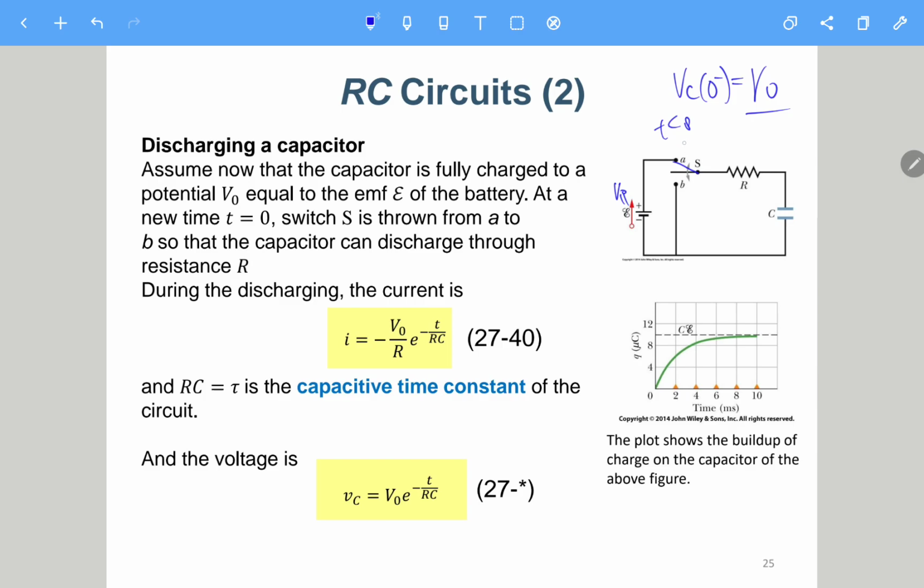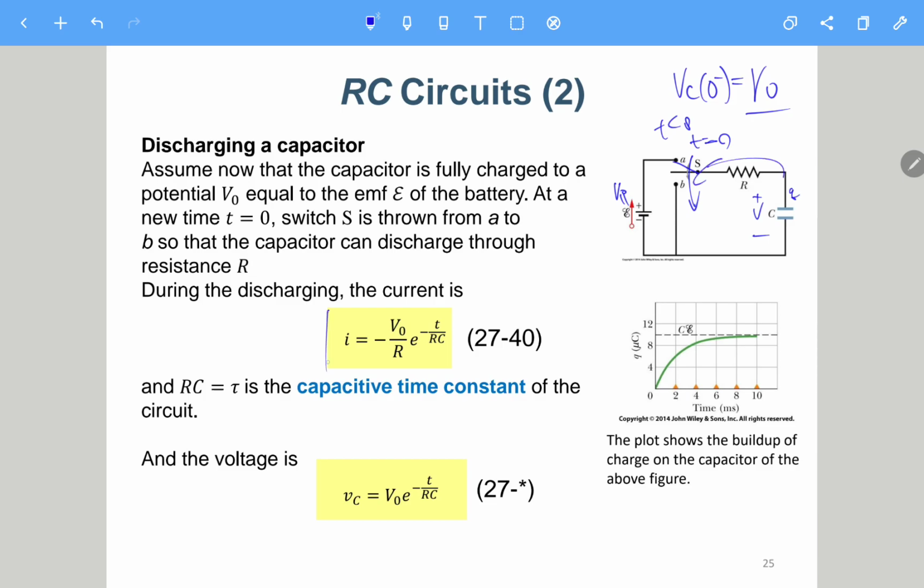And then at T equals 0, the switch goes to the node B. In that case, the charge here will start to discharge.